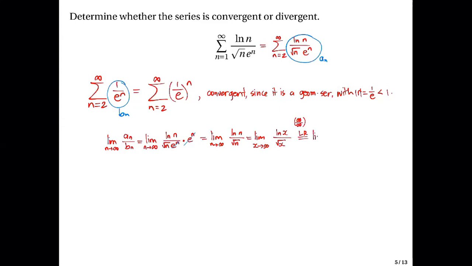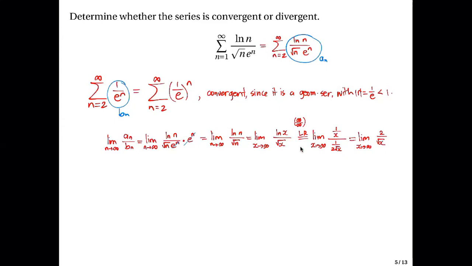And we will get the limit as x approaches infinity, derivative of ln of x, that's 1 over x, derivative ng square root of x, that's 1 over 2 square root of x. Or if we simplify this, meron tayong limit as x approaches infinity of 2 over square root of x.